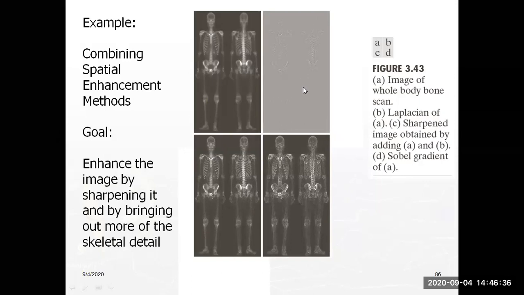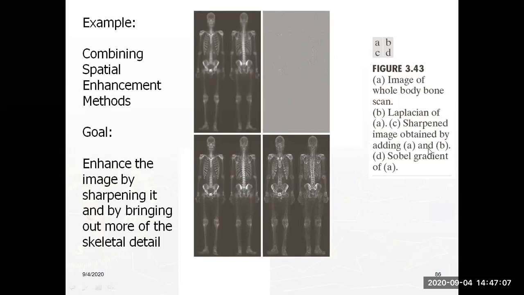This B is Laplacian of A. Actually, A is an X-ray of a body, and the internal parts are not visible clearly. So here, first blurring. What is the use of Laplacian? For the purpose of blurring. After that, C. What is C? Sharpened by adding. By adding these two, this is sharpened.